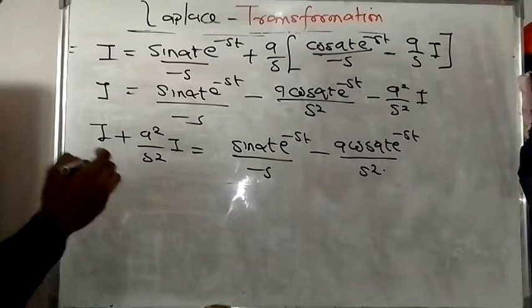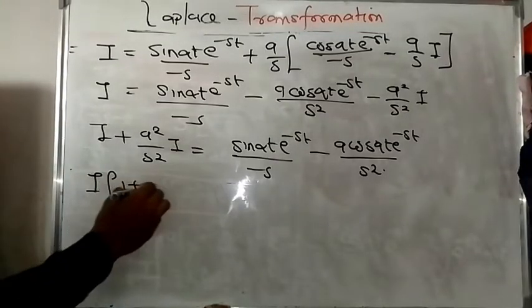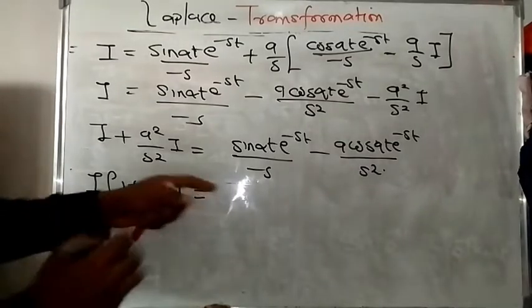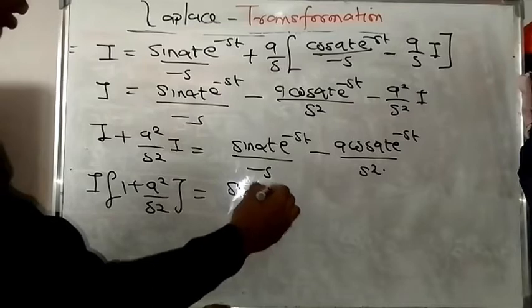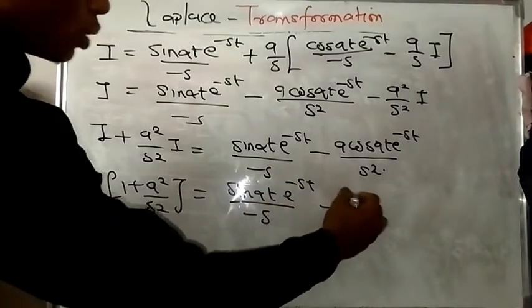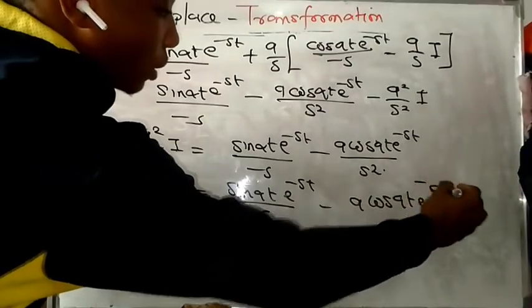So making I the subject of the formula, we have I open bracket 1 plus a squared divided by s squared, which is equal to sine at exponential minus st divided by minus s minus a cos at exponential minus st divided by s squared.